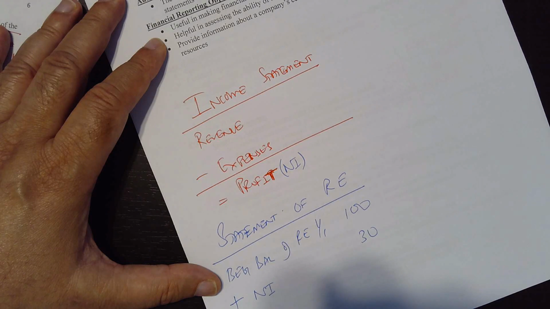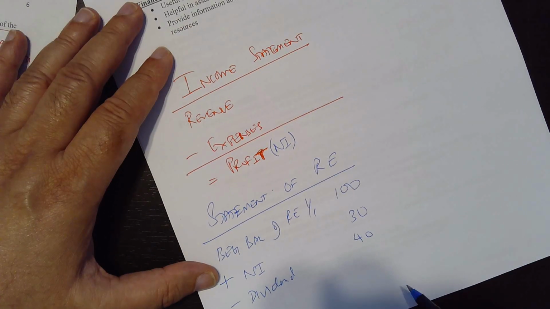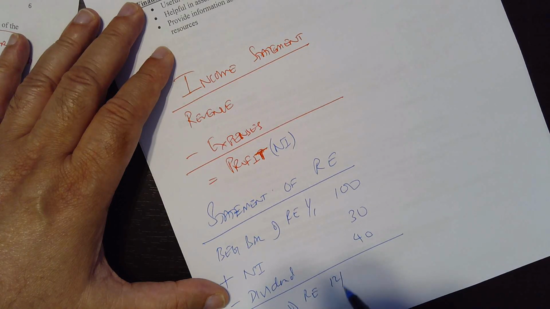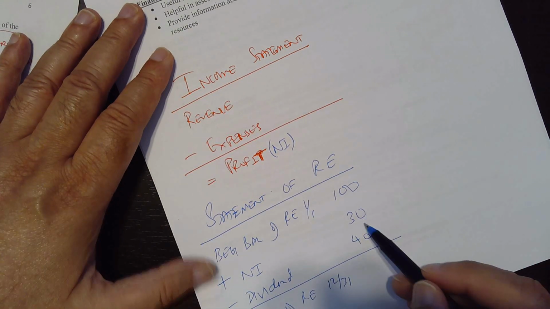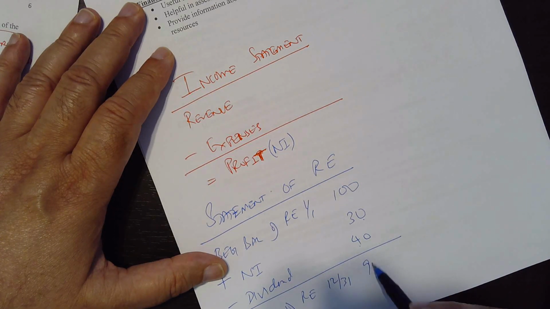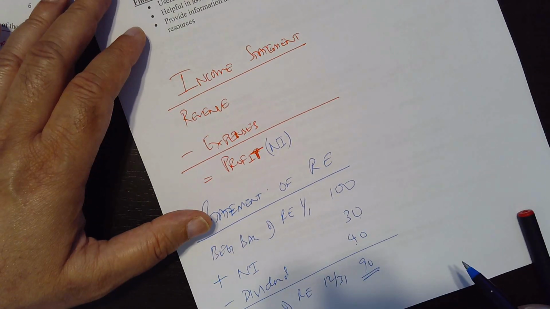Then you pay dividends, say $40, right? So your ending balance of retained earnings on December 31st will be 100 plus 30 is 130, minus 40 is 90. So that is your ending balance.